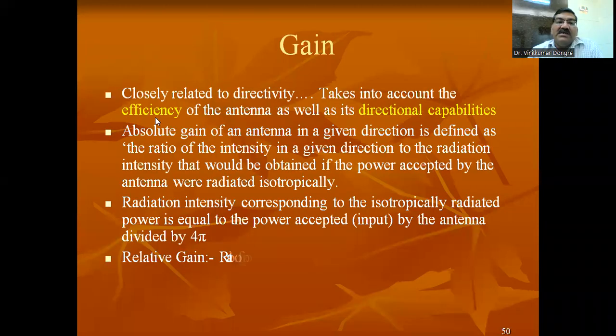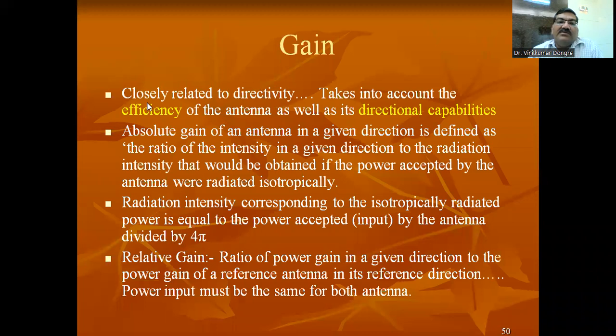How is it considered? Here it is closely related to the directional capacity and efficiency. The efficiency of the antenna is one parameter, and the directivity, or directional capability, is another parameter. Those two parameters are taken into consideration and combined to give the gain.